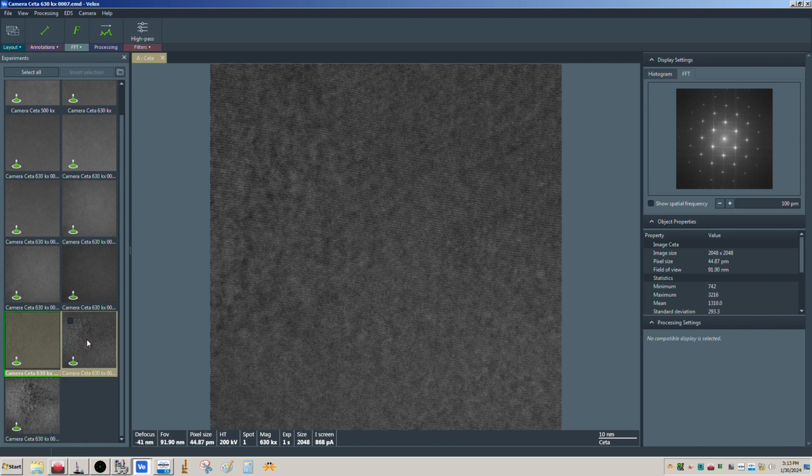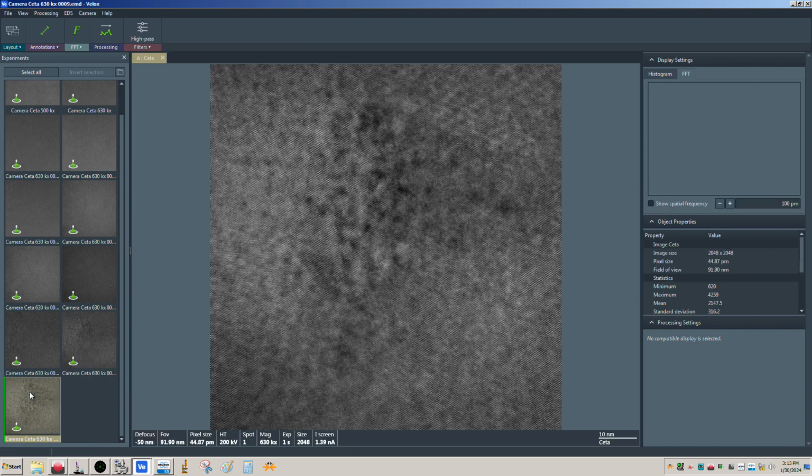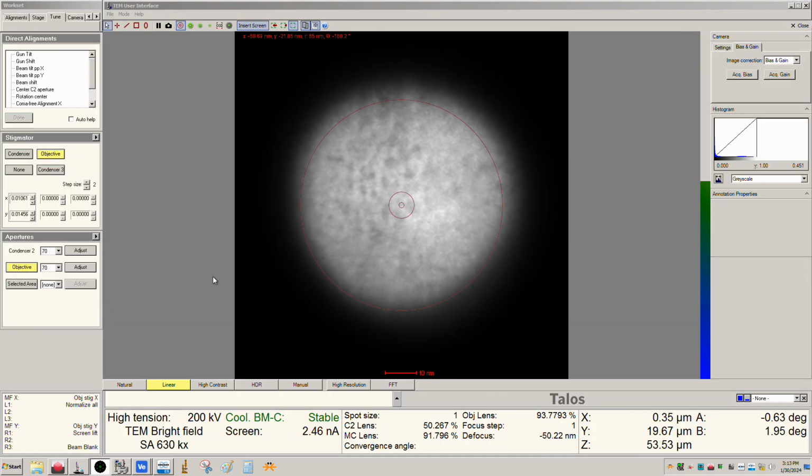Okay, starting to see. There we go. Okay, so I mean, you can see what's happening here, right? As I'm continuing to dose the sample here, I'm imparting damage, right, faster than it can apparently be removed, okay? And so I end up modifying my material here.